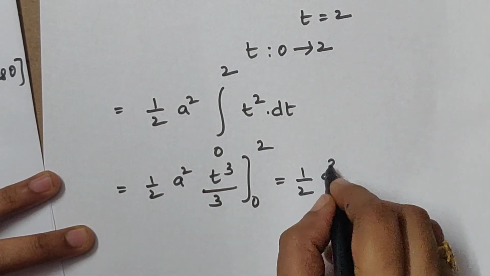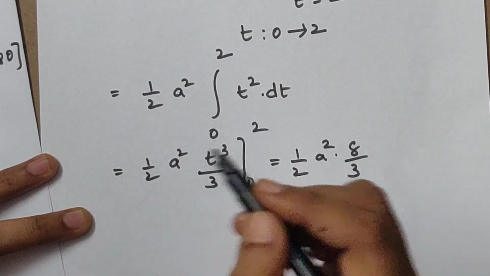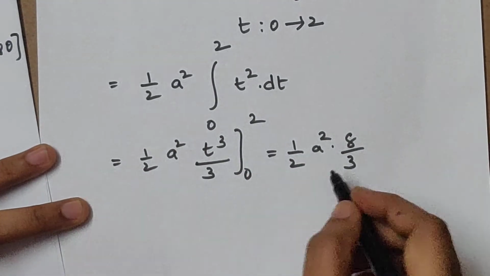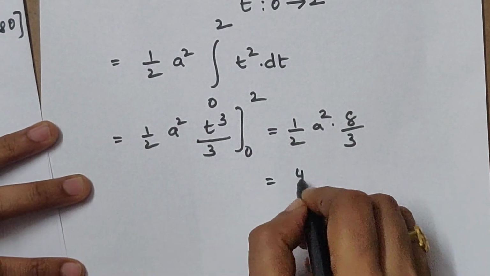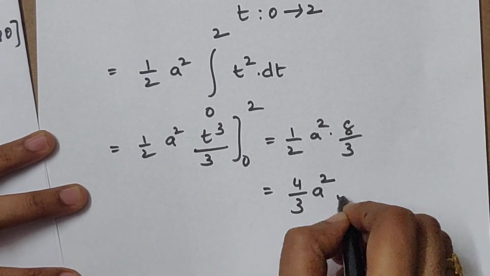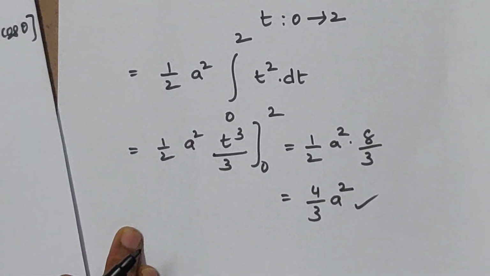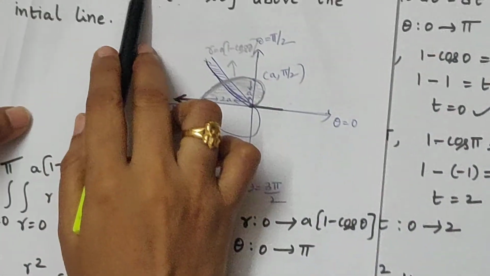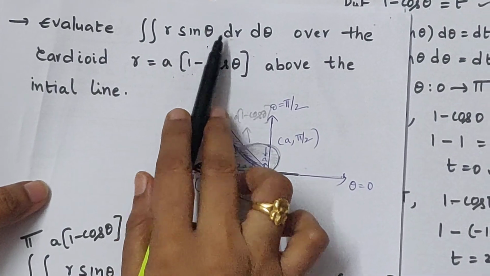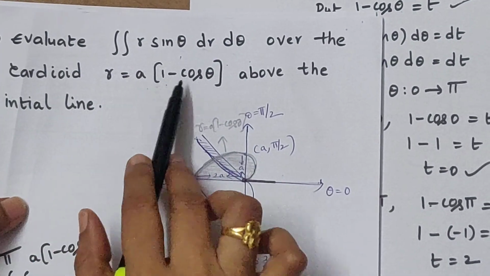Half a square into 8 by 3 by substituting the upper limit 2. So 4 by 3 a square is the evaluation of the double integral of r sin theta dr d theta over the cardioid.